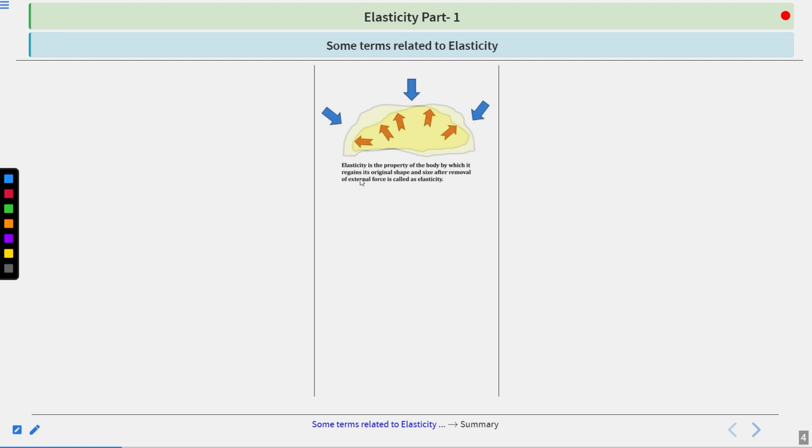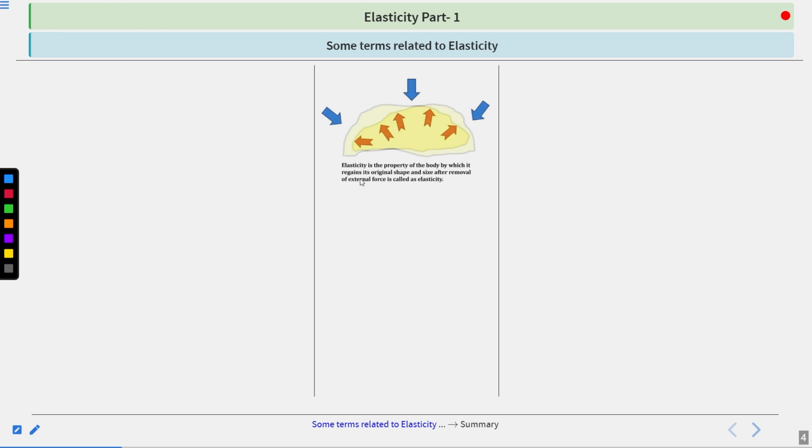Now suppose you have two balls with you. One is a spongy ball, another one is a light plastic ball. You having these two balls in your hand, you start crushing them, or you start exerting a pressure, an external force, on them.